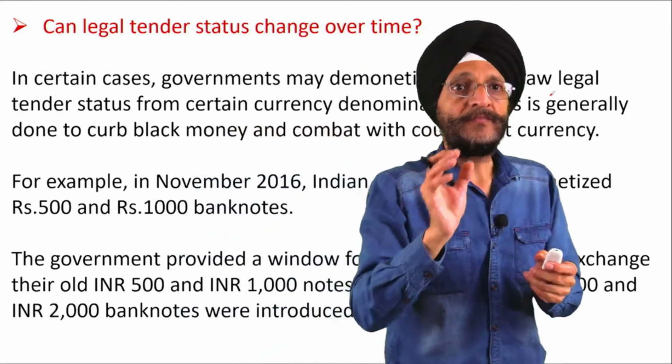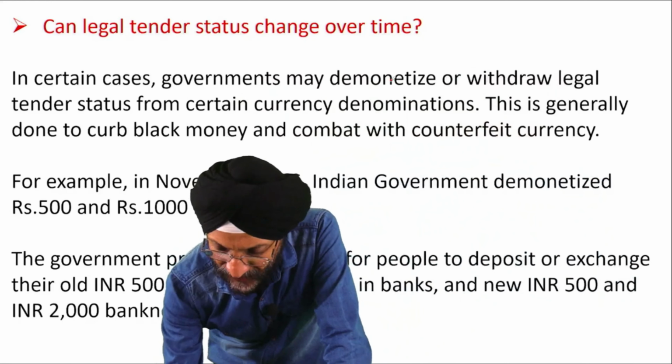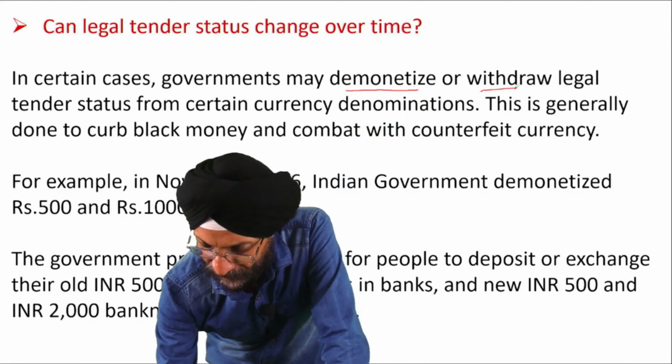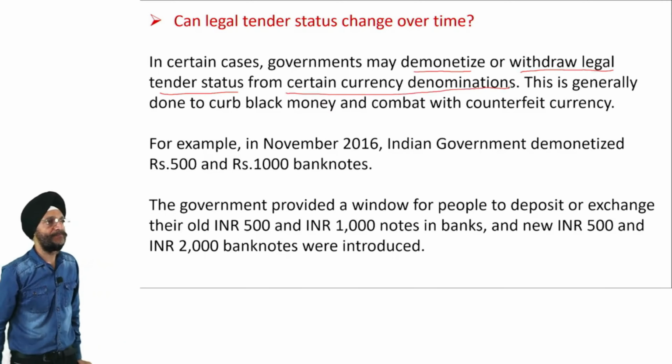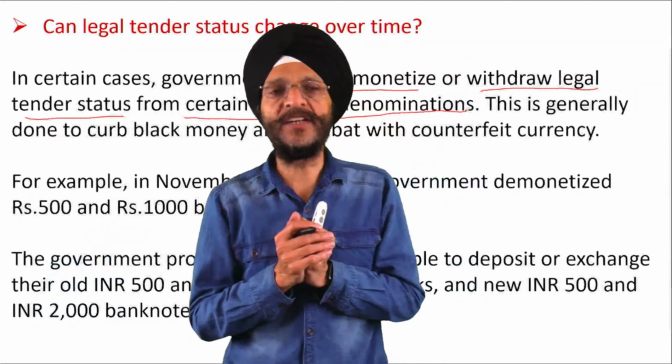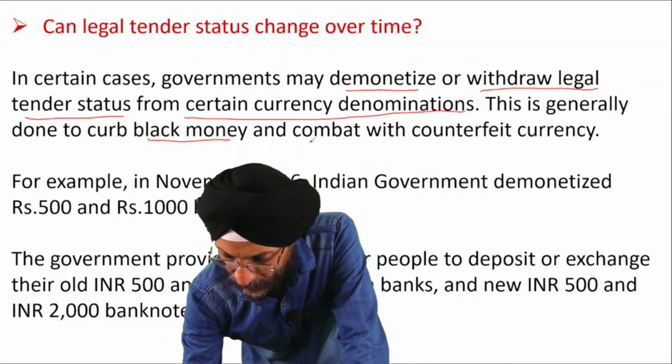So in certain cases governments may demonetize or withdraw legal tender status from certain currency denominations. This is generally done to curb black money and combat counterfeit currency. Counterfeit means fake currency.